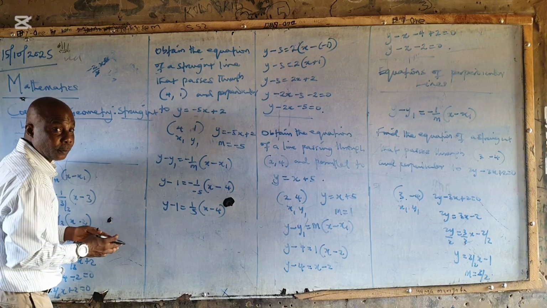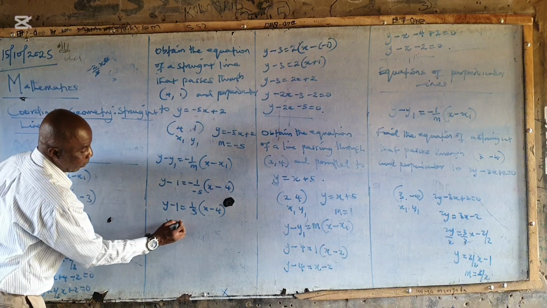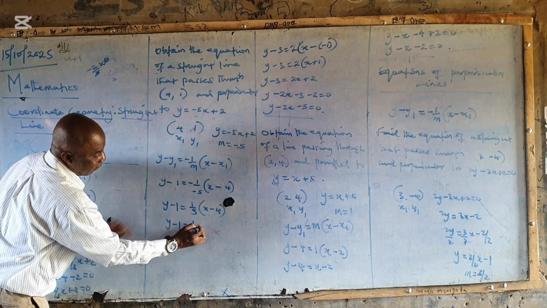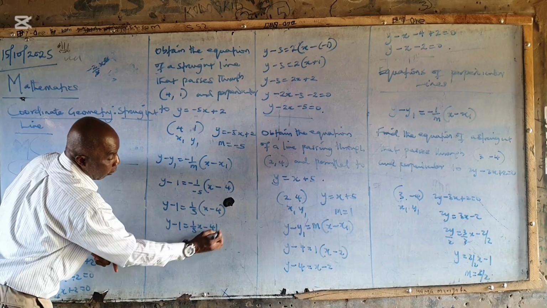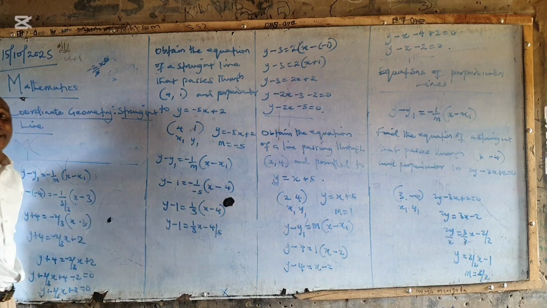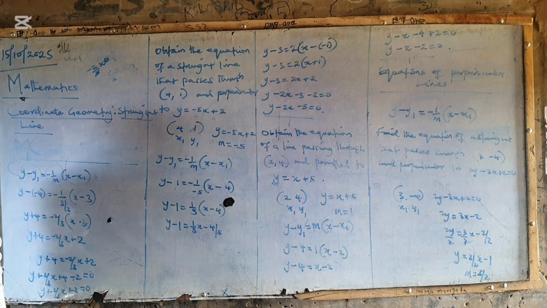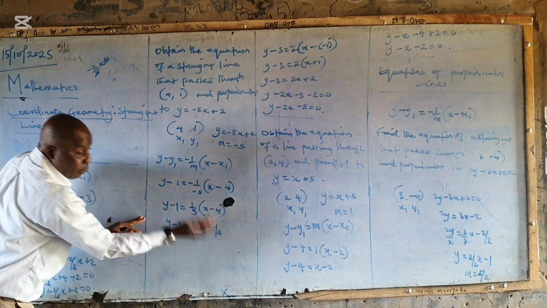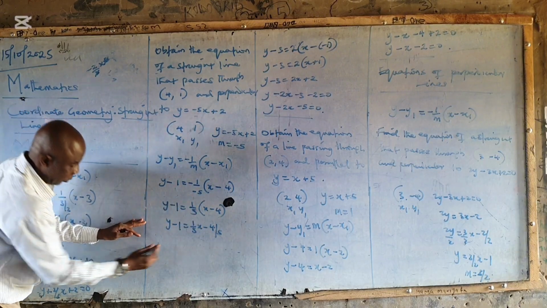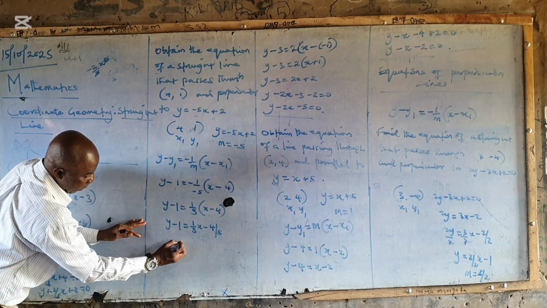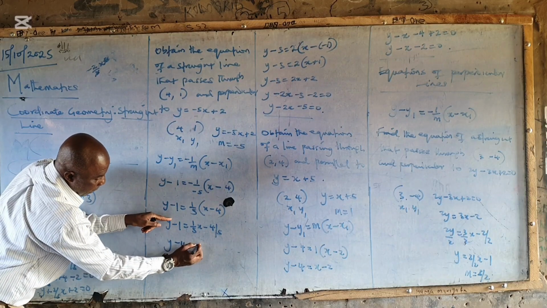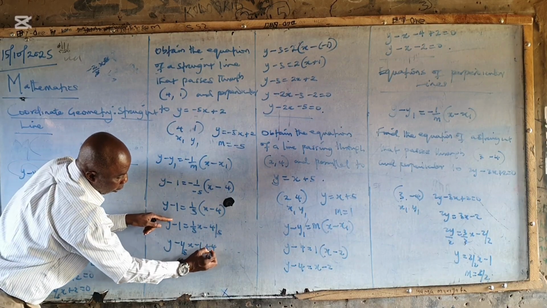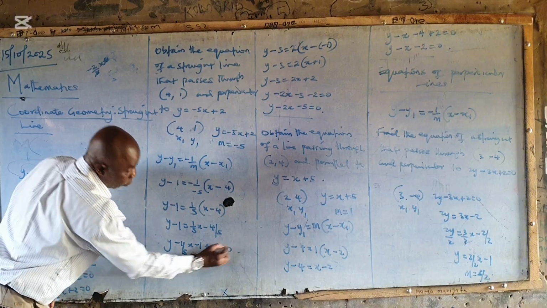Then, you open the bracket. y minus 1 will be equal to 1 over 5 x minus 4 all over 5. 1 over 5 multiplied by minus 4 gives you minus 4 all over 5. Then, you move everything here to this place, and while you are doing that, all the signs will change. So you have y minus 1 over 5 x minus 1 plus 4 all over 5 equals 0.